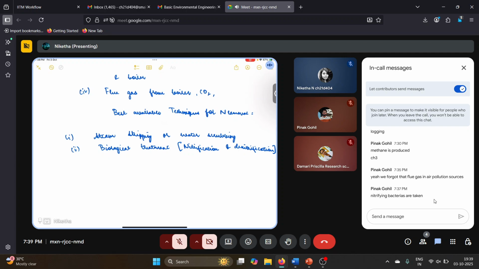It's not the inverse. Inverse would mean that whatever nitrates and nitrites are generated during nitrification is converted to ammonia. Instead, the NO2 and NO3 are converted to nitrogen, elemental nitrogen. Yes, ma'am.